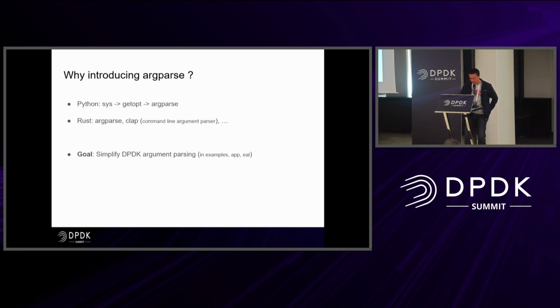And for Rust, there are also many crates that could do argument parsing; the mainly used one is clap, the command line argument parser. Its goal is to simplify DPDK argument parsing. There is a lot of argument parsing in DPDK, in many examples and apps, and also in the EAL library.